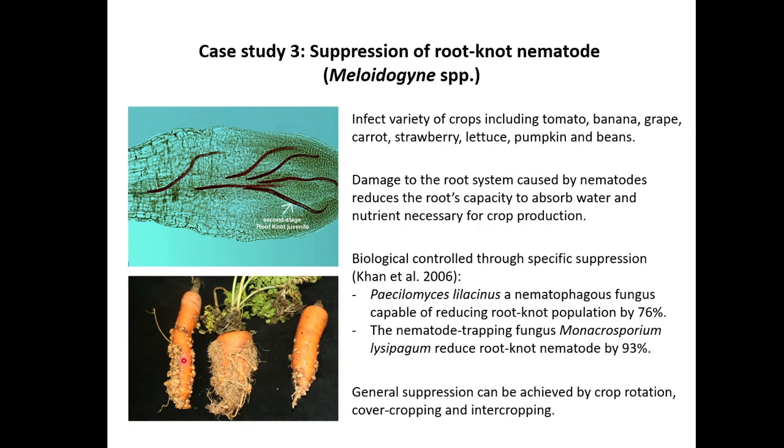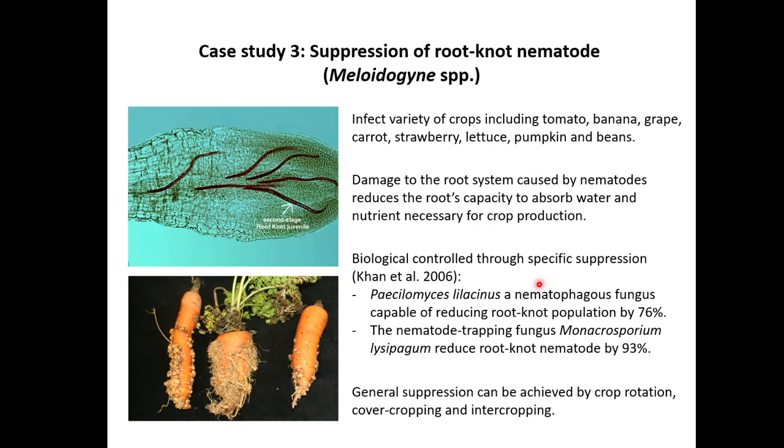Biological control of this nematode can be achieved through specific suppression with Paecilomyces lilacinus. This nematophagous fungus can reduce root knot population by 76%. Another one, the nematode trapping fungus Monacrosporium lysipagum, can reduce root knot nematode by 93%.